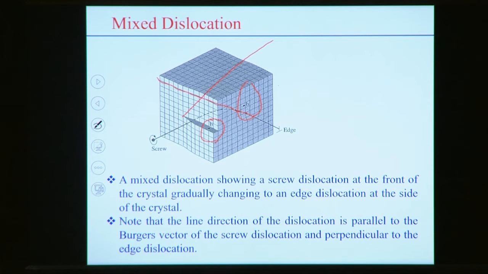The Burgers vector is parallel to the screw dislocation, but in the edge case the dislocation is perpendicular to the Burgers vector. So a mixed dislocation can also be produced, and sometimes we observe the existence of a mixed dislocation consisting of edge and screw. These are some basic ideas about edge dislocation, screw dislocation, and how to represent dislocations in terms of the Burgers vector.